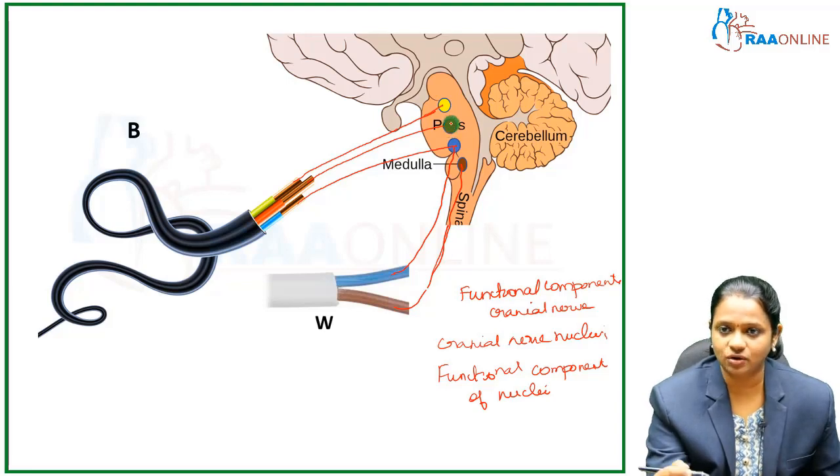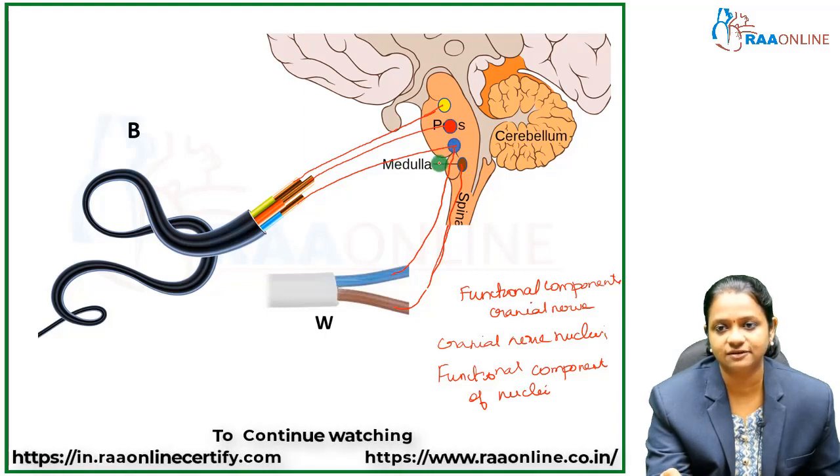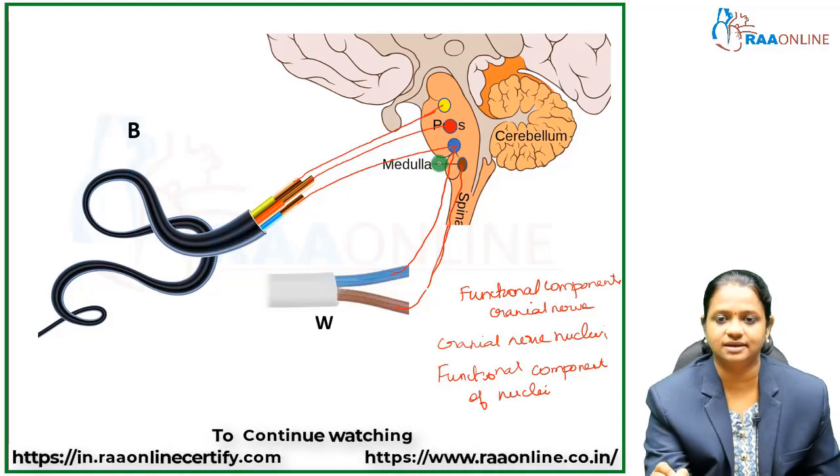So, our competency, our objective for this lecture is to describe the functional component of the cranial nerve nuclei. So, for defining the functional components of the cranial nerve nuclei, the first step is to understand the functional components of the cranial nerves so that we can easily see the functional components of the cranial nerve nuclei.